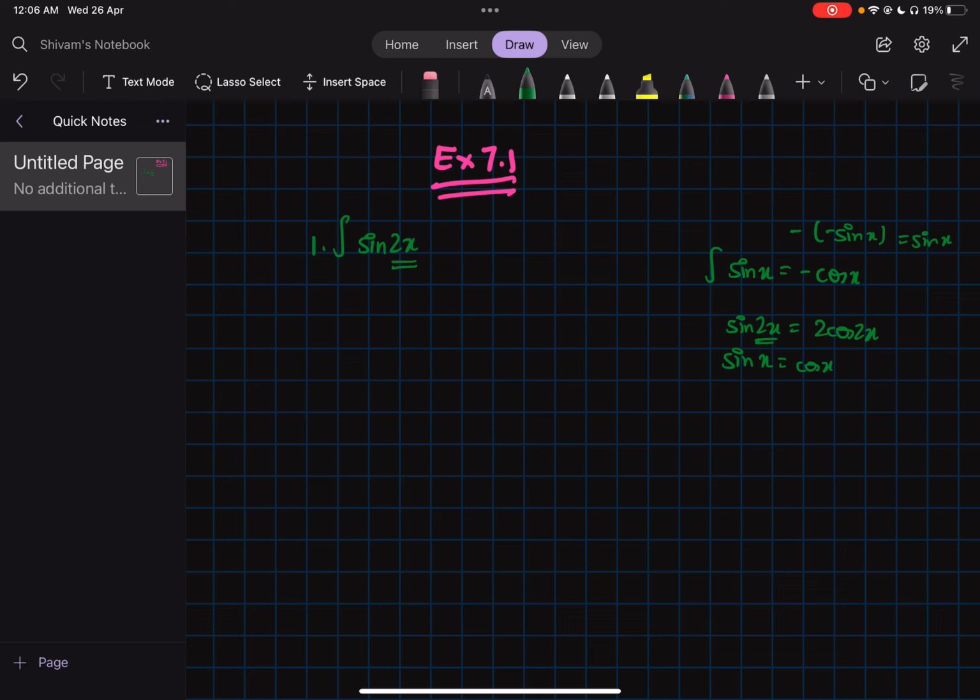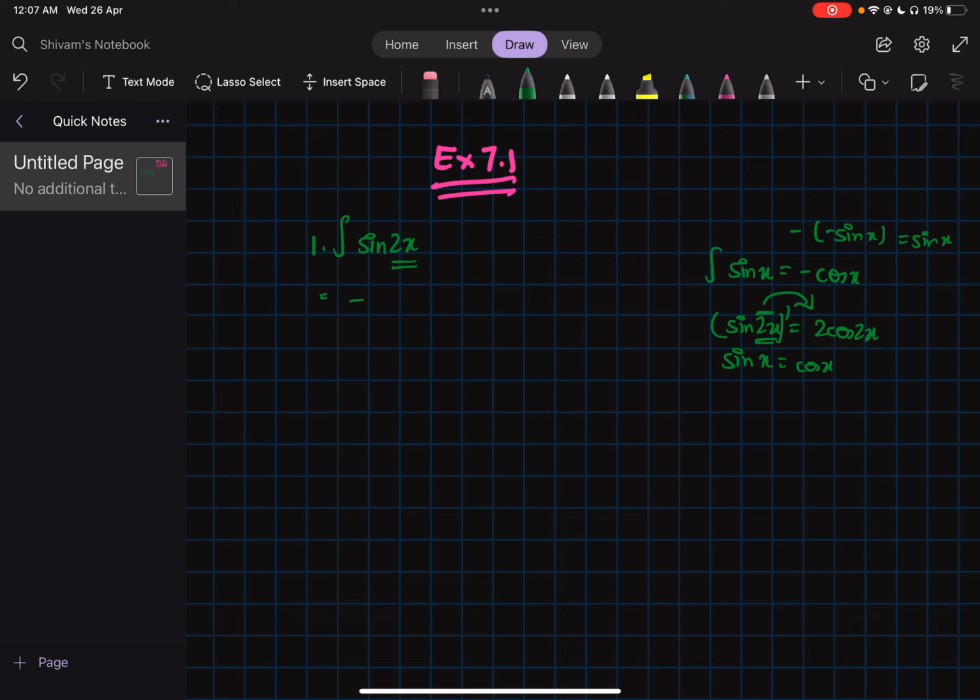It's often called the inverse chain rule, because when you differentiate, you do it according to sine 2x and then you multiply with the derivative of the inside.